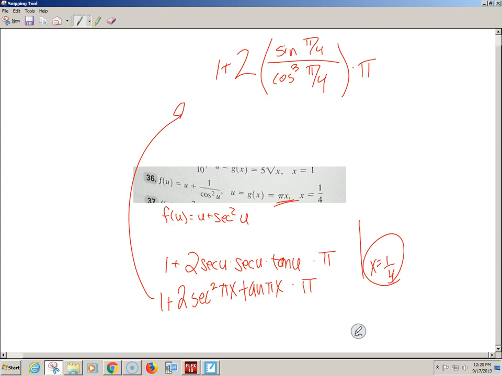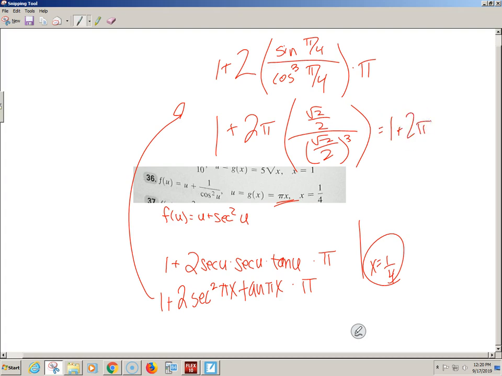Pi over 4s are kind of nice because those are all root 2 over 2s, right? I'm going to move my pi in front just because why not. Can I get my root 2 over 2 all over my root 2 over 2 cubed? Should be the same thing as 1 plus 2 pi times, it's the easiest way to show this, let's just do root 2 over 2 times the reciprocal of 2 cubed over root 2 cubed.